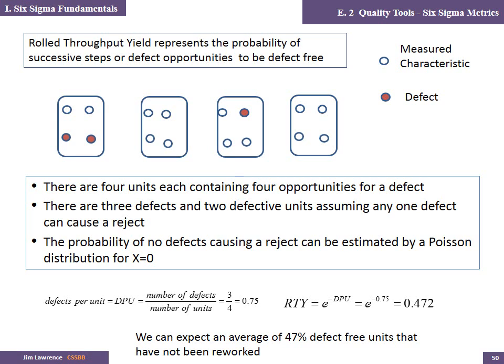So here we see the defects per unit equal number of defects over number of units, 0.75. The roll throughput yield then can be estimated on a probability basis to be 0.472. We can expect an average of 47% defect-free units that have not been reworked based on this sampling that we have taken here.